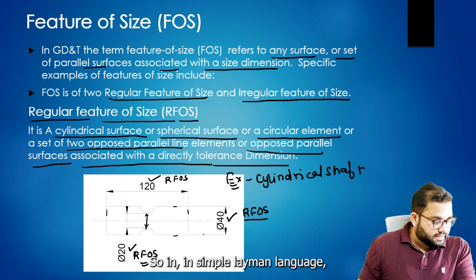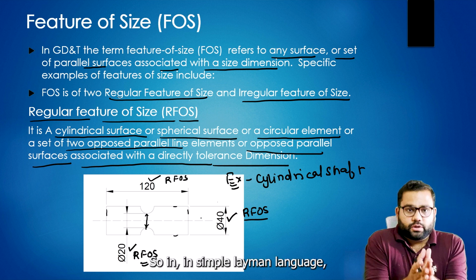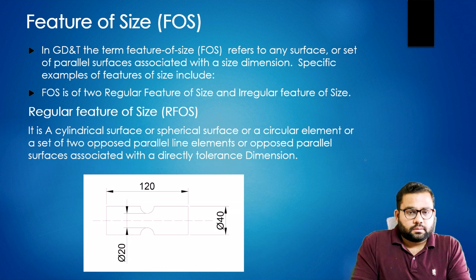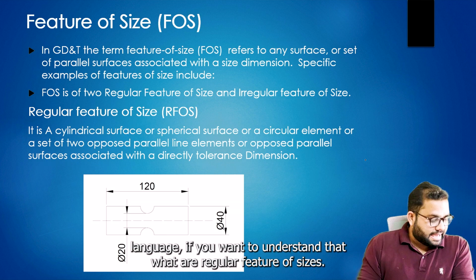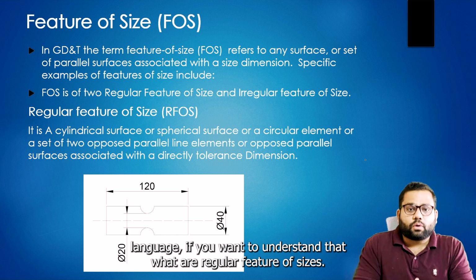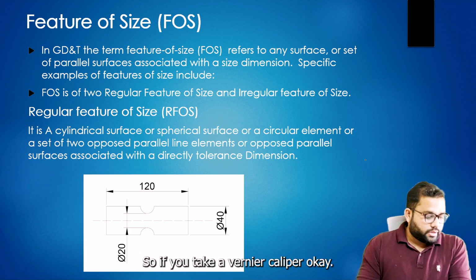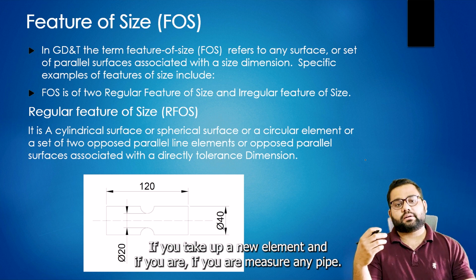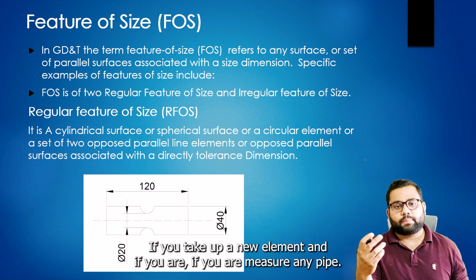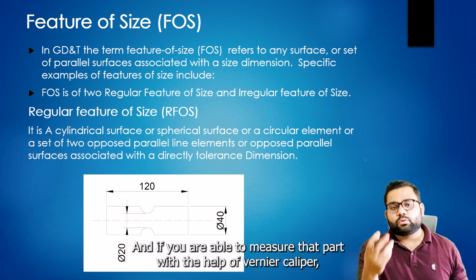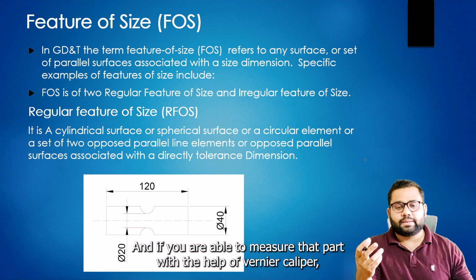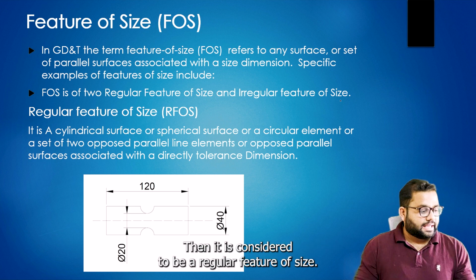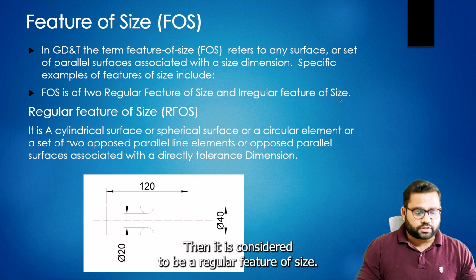In simple layman language, if you want to understand what a regular feature of size is: if you take a vernier caliper and you are able to measure a part with the help of the vernier caliper, whatever dimension you measure with the caliper is considered to be a regular feature of size.